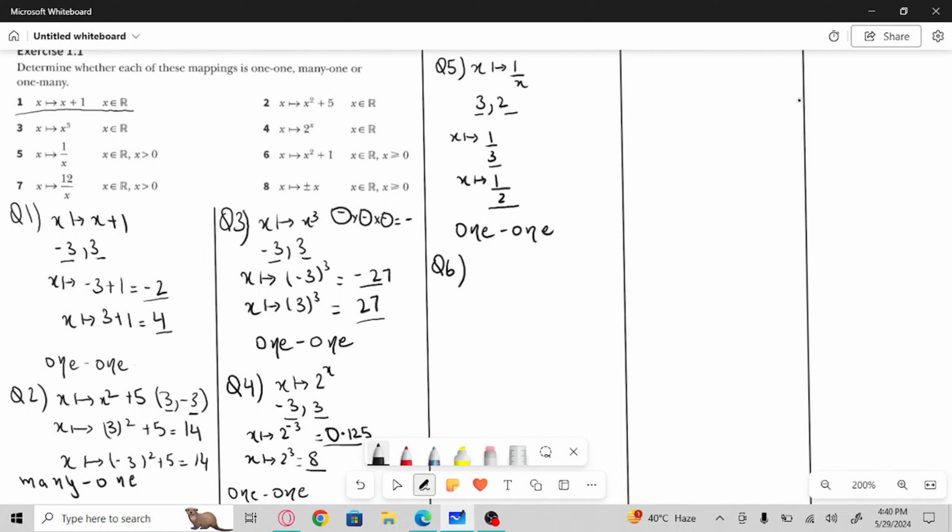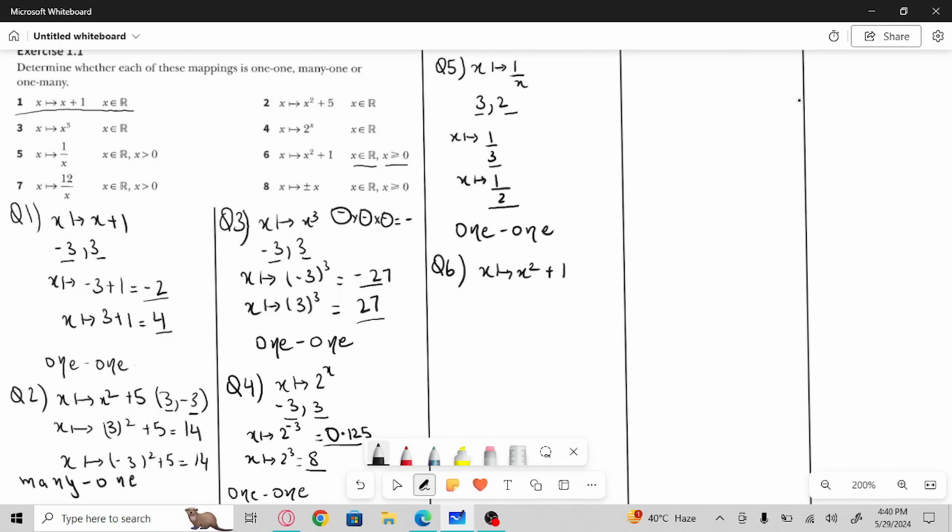Again, question number 6, we see that x is mapped to x squared plus 1, where x is a real integer and x is greater than or equal to 0. So in this type of mapping, we can take the value of x to be 0 or greater.